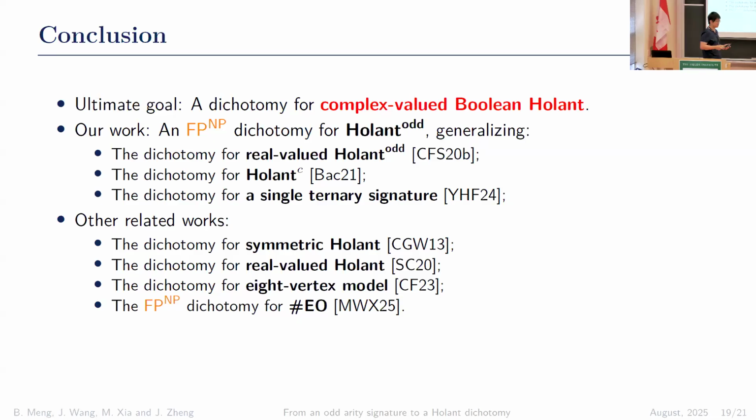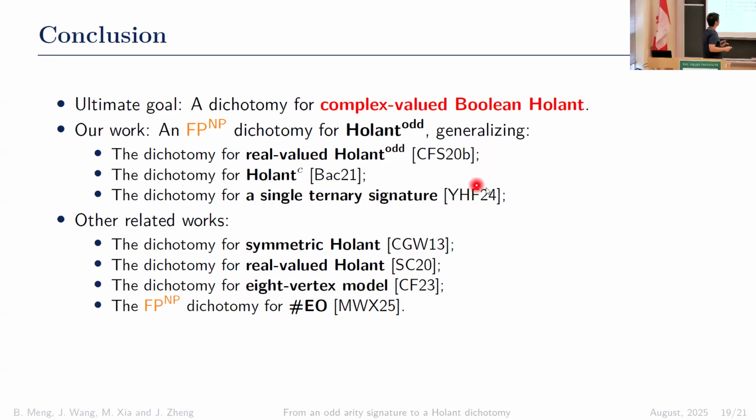So the only remaining case is that the signature set consists only of signatures of even arity, and this case is in fact really hard, because when you connect signatures of even arity to other signatures, the result is still of even arity, and you must analyze them using some very non-trivial method.